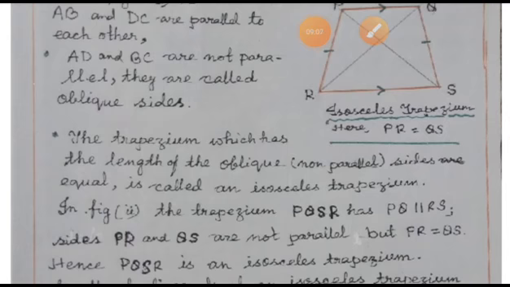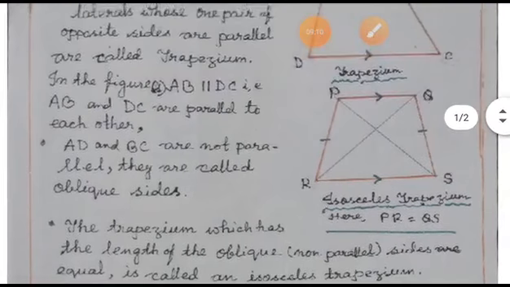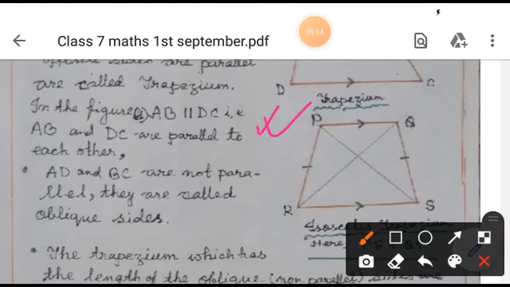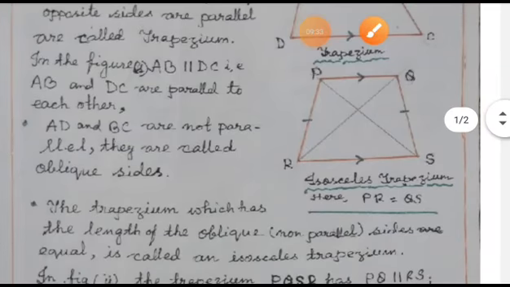Now suppose you find in this diagram that in trapezium PQRS you have one pair of parallel sides, that is PQ and RS, and the non-parallel sides are PR and QS. Here you will find that PR and QS are equal to each other, that means equal in length. So here the sides are non-parallel but they are equal in length.